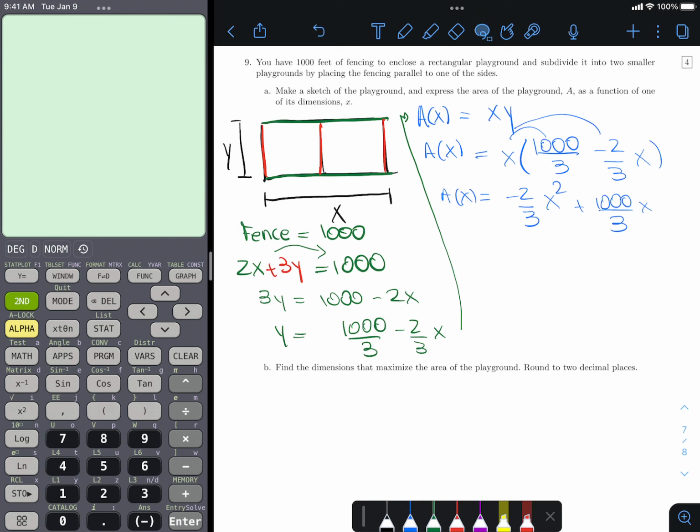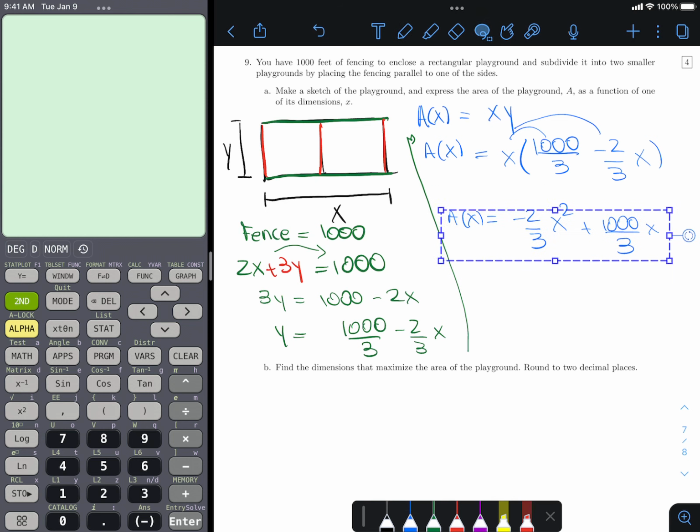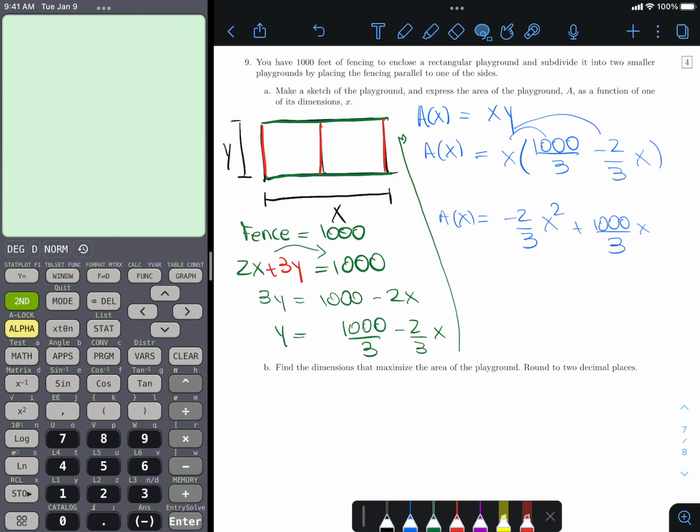So that is my formula. I'll move it down a little bit so it's clear, and I'll box it. This is the area in terms of x. Once you decide what x needs to be, y is automatically determined by the amount of fence that is left. Okay, so that was A.